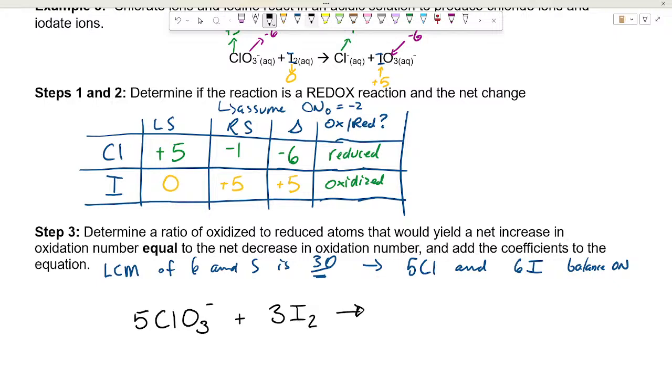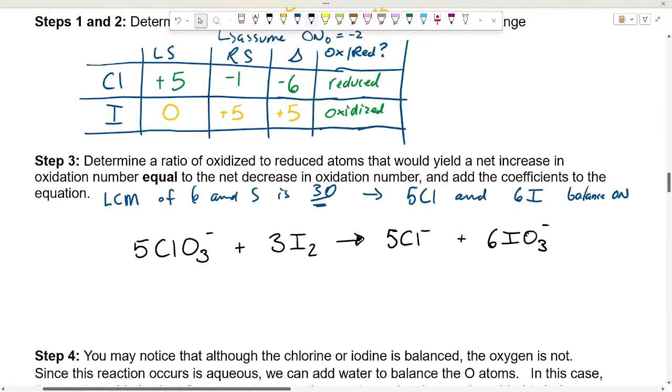And what's that going to yield on the other side? How many Cl minuses? 5. And how many IO3s? 6 is correct. Good. And that has a negative charge. How's that feel?